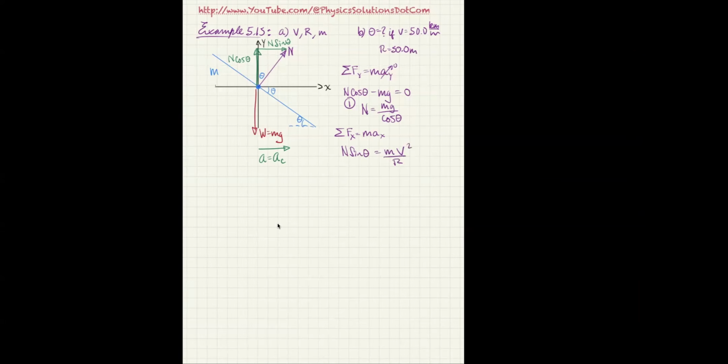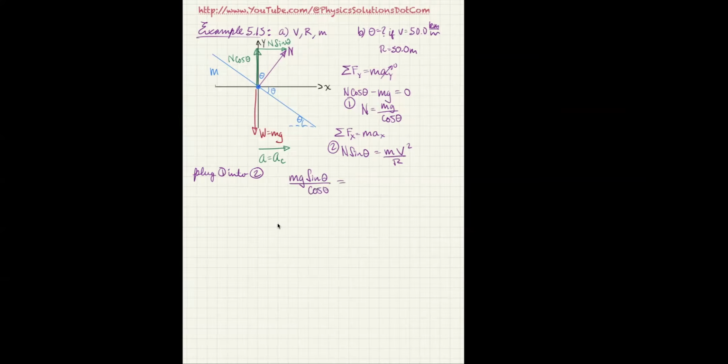Okay, that's equation two. Now, we don't necessarily want the normal force, but we do have a way of getting rid of it because I can take equation one and plug it into two, and that's what I'm going to do. Plug one into two. When you do that, I'm going to get mg times the sine of theta, because the sine was already there, over the cosine of theta, because the N is actually mg over cosine theta.